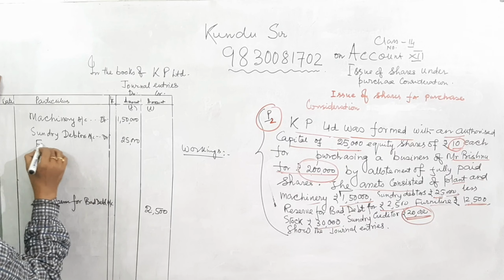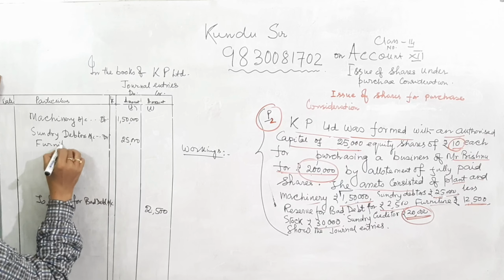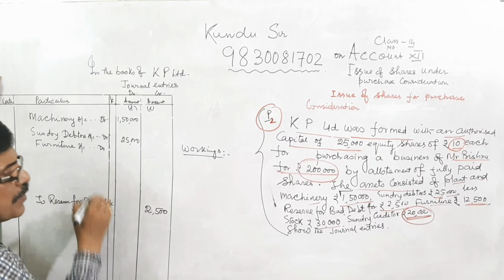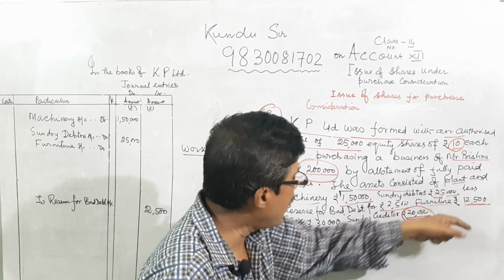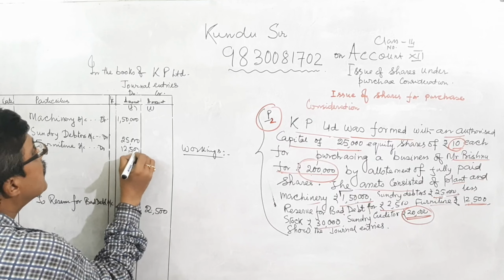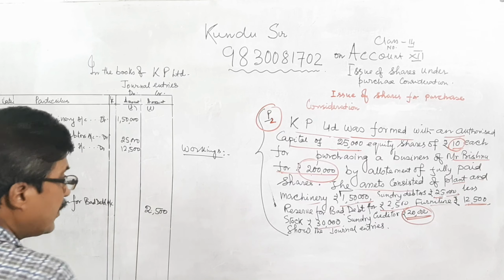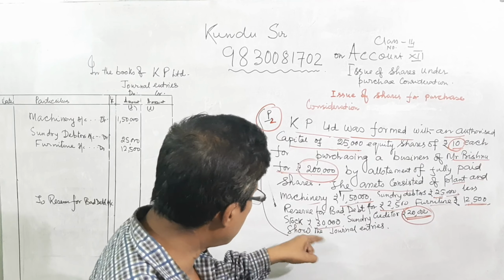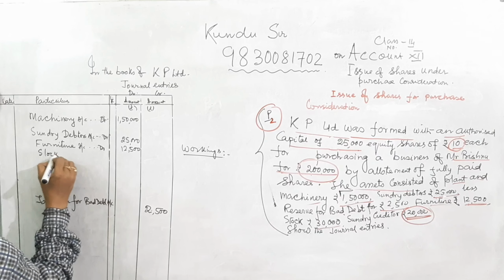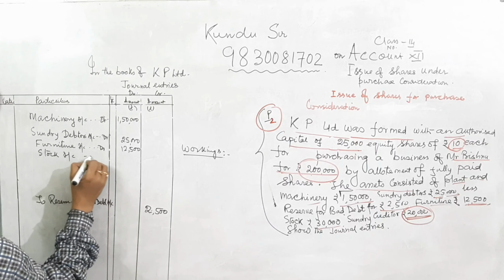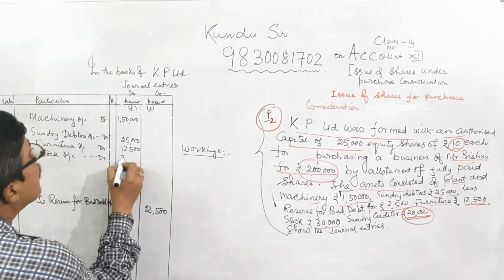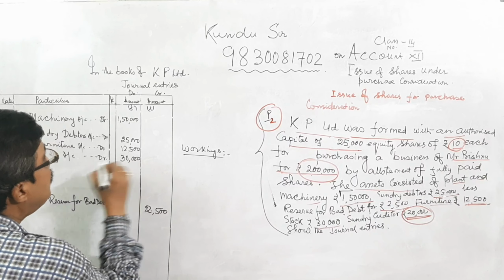Then the furniture account to be debited by rupees 12,500. And thereafter, any asset, there is stock. What, the stock account to be debited? How much? 30,000. It is 30,000.